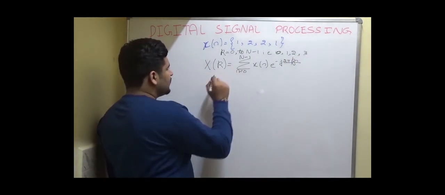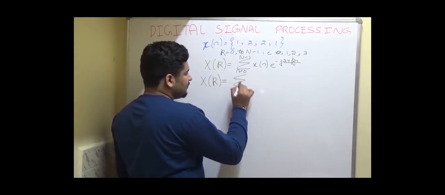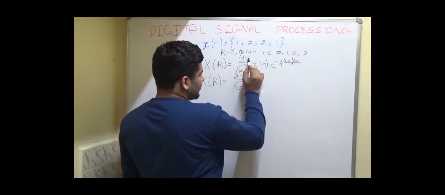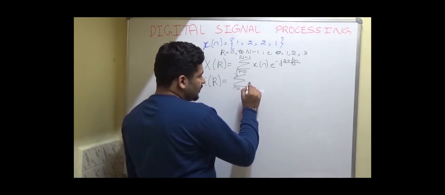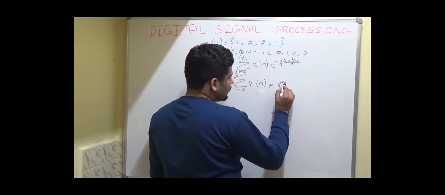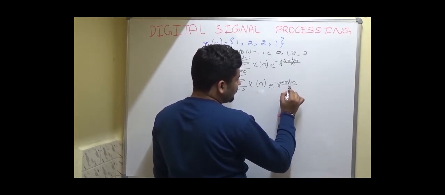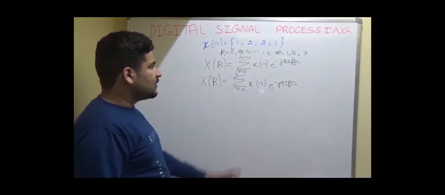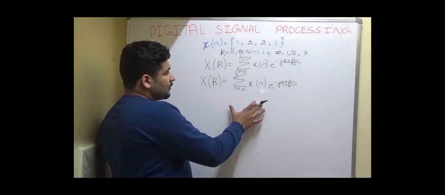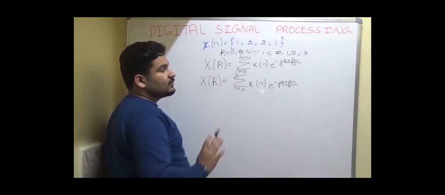Now if I customize the formula, X of k is equal to summation n varied from 0 to 3, because it is N minus 1, 4 minus 1 is 3, x of n e raised to the power minus j 2 pi k n divided by 4. Because there are 4 terms, capital N remains 4, so I have customized the formula. Now individually we have to substitute the values of k.